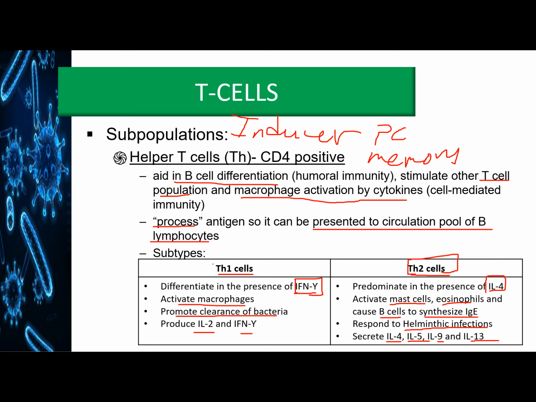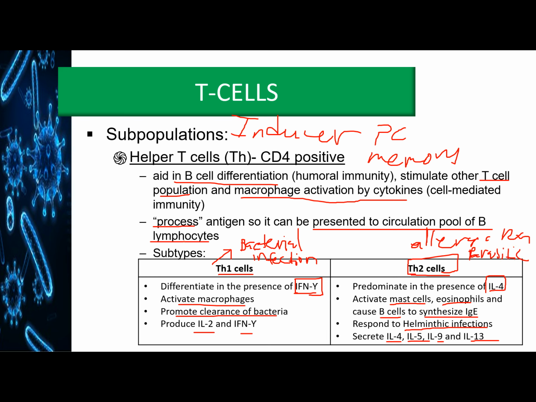Now, ang tatandaan nyo dito, class, si T helper 1 is most common kapag meron kang bacterial infection. So, siya yung subpopulation ng T helper that is most involved in bacterial infection. While your T helper 2 naman class is the type of subpopulation involved in allergic reactions and parasitic infections.